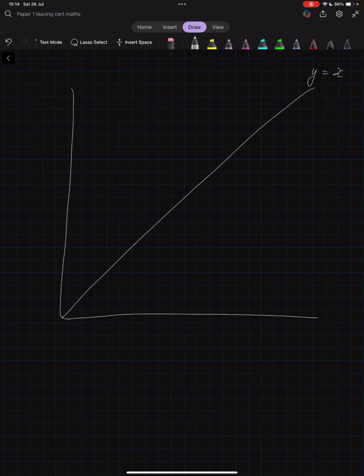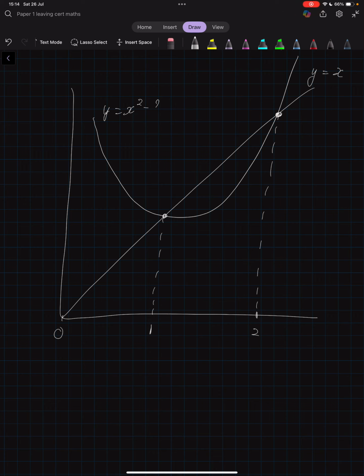And then we're going to have some graph here where this is 2, this is 1, this is obviously 0, and then this graph here is going to be y equals x squared minus 2x plus 2. And what they're looking for is they want to know what's the area inside here.